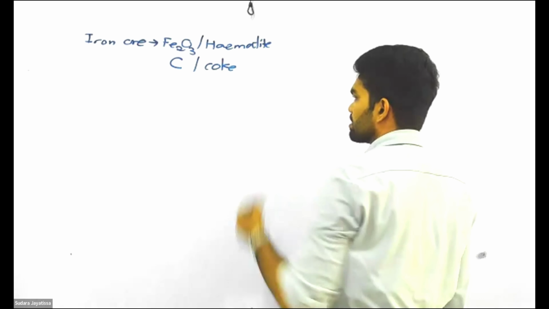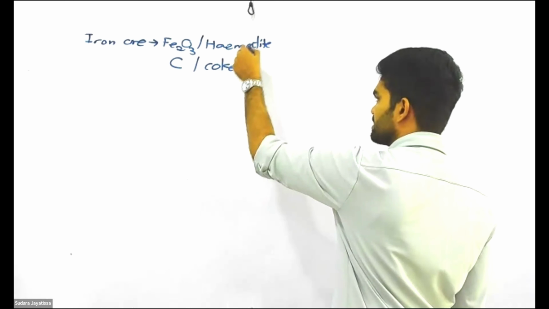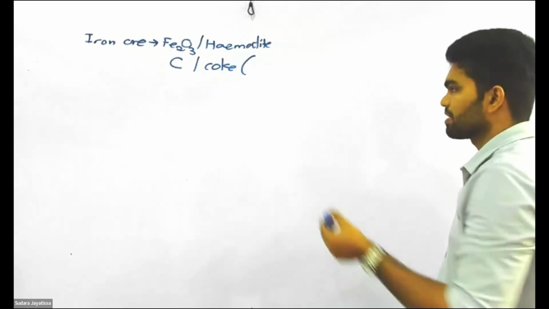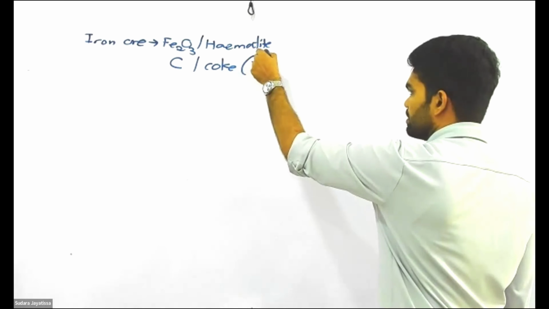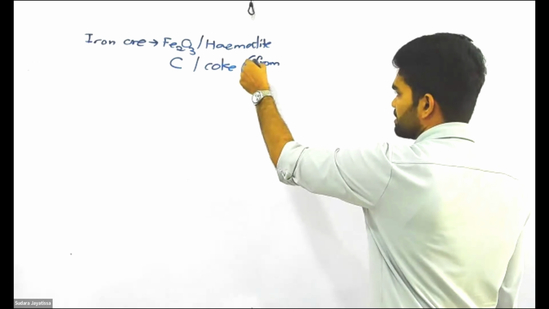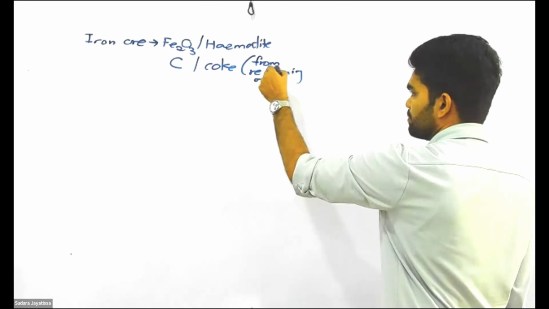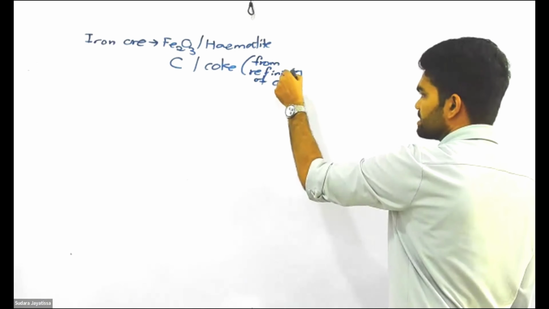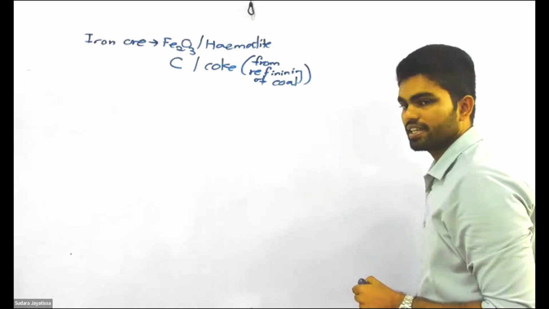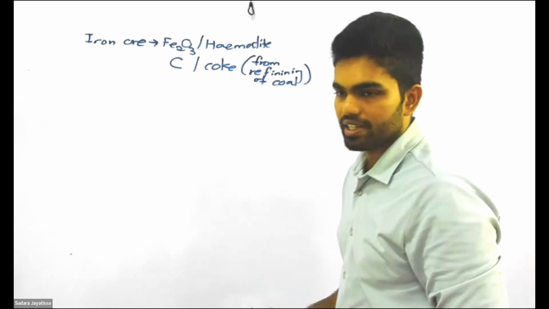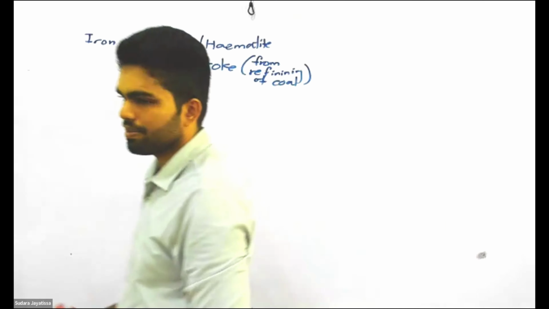Coke is actually something we manufacture from coal. We get coke from refining of coal. Coal is something that we obtain from earth naturally, and it contains some impurities, some unnecessary compounds.